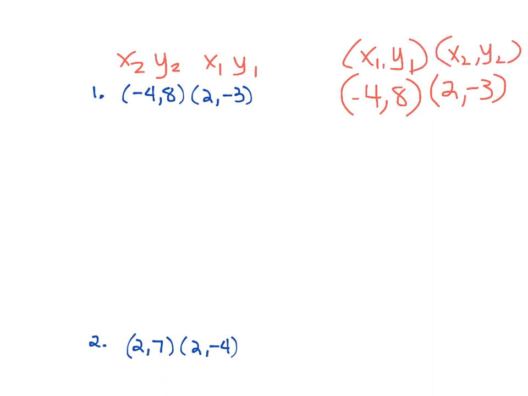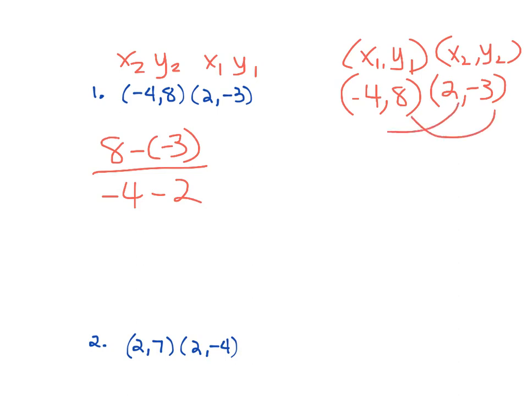So for the first one, I'm going to do 8 minus negative 3 over negative 4 minus 2. Here, if I did this minus this and this minus this, I still get the same answer. So negative 3 minus 8, and then 2 minus negative 2.